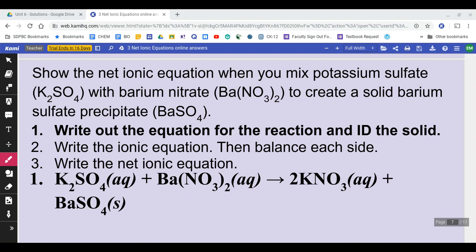K2SO4 combined with BaNO3. They're both aqueous. Again, the whole point of reactions that involve net ionic equations is you're taking two aqueous solutions and reacting them to get some type of precipitate or a solid made. And then we have something left over.